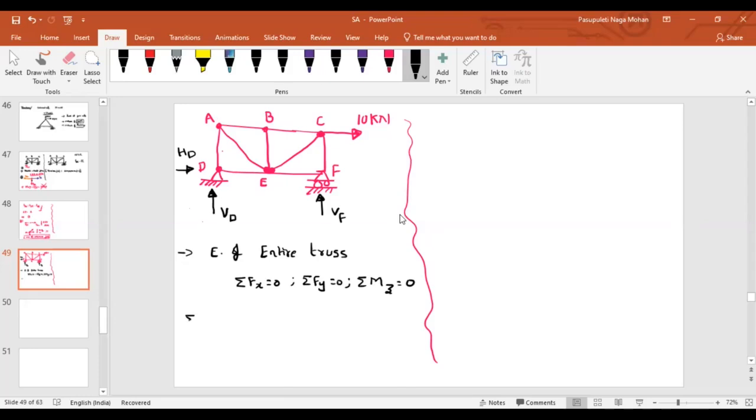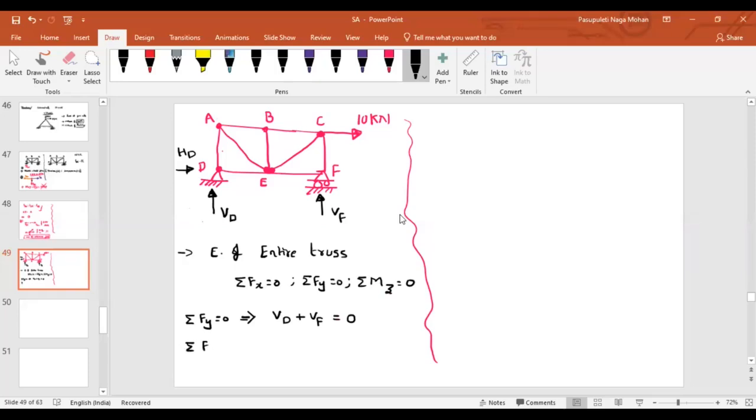If I want to write summation of forces along y equal to 0, how many forces are there along the y direction? Looking at the entire truss, only 2: VD and VF. So VD plus VF is equal to 0.